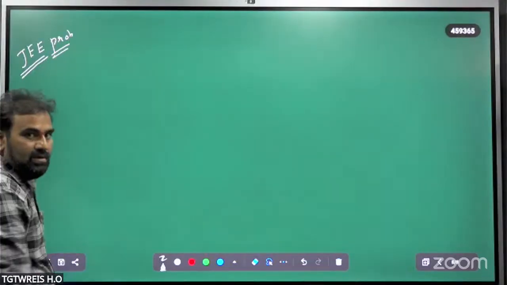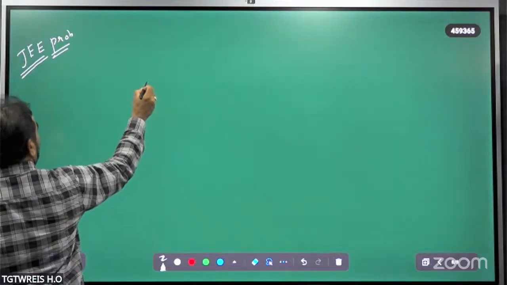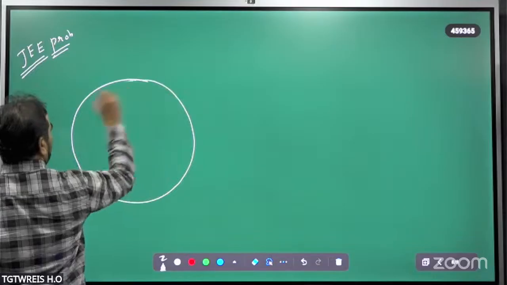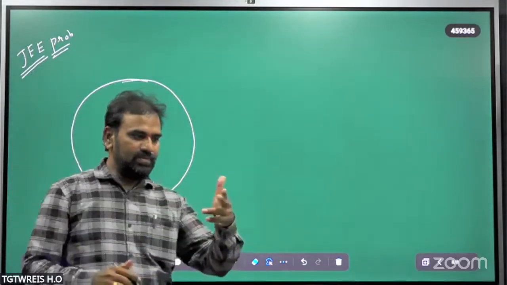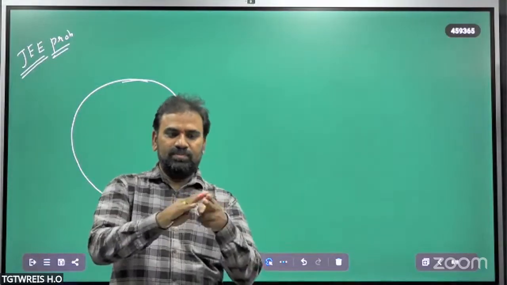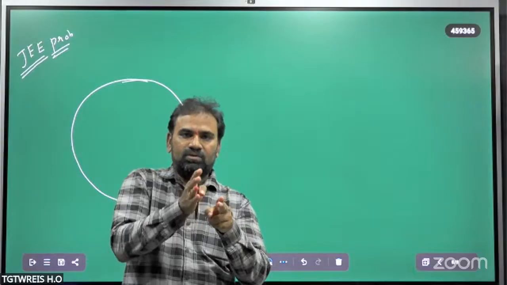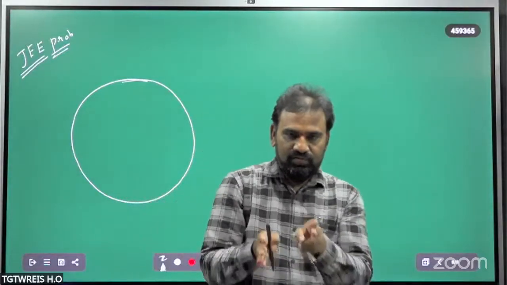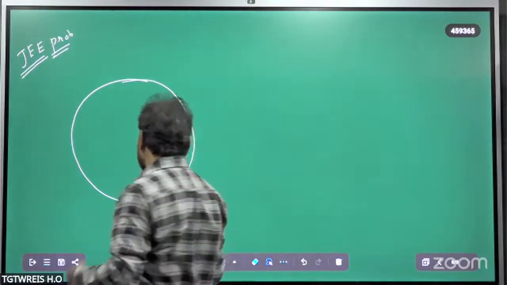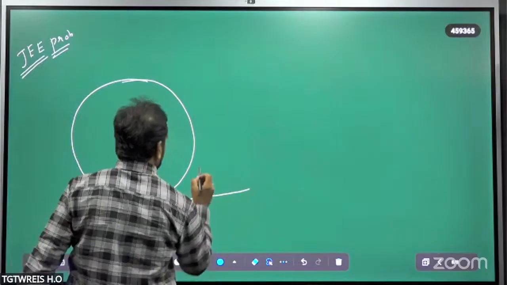Suppose consider a wheel here. This is a wheel, which is placed on a step. The wheel is rolling like this; the wheel is rotating like this, placed on the step.